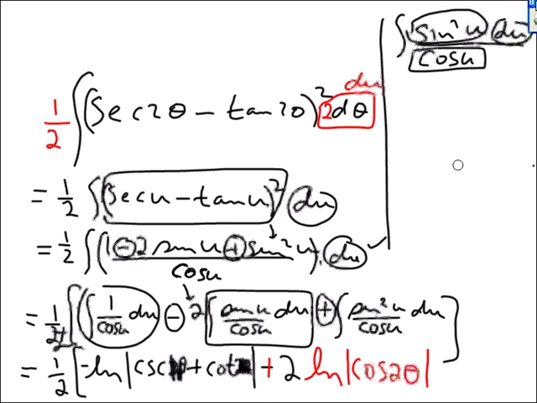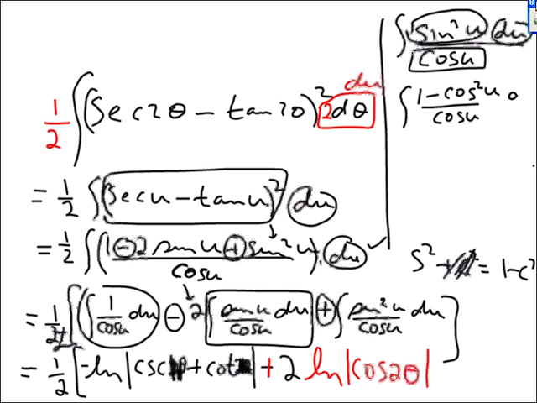You have to make another substitution, or rewrite the problem differently. We know that sine squared plus cosine squared is 1. Bringing the cosine squared over to the other side, we now know that instead of sine squared u, I can write 1 minus cosine squared u over cosine u du.